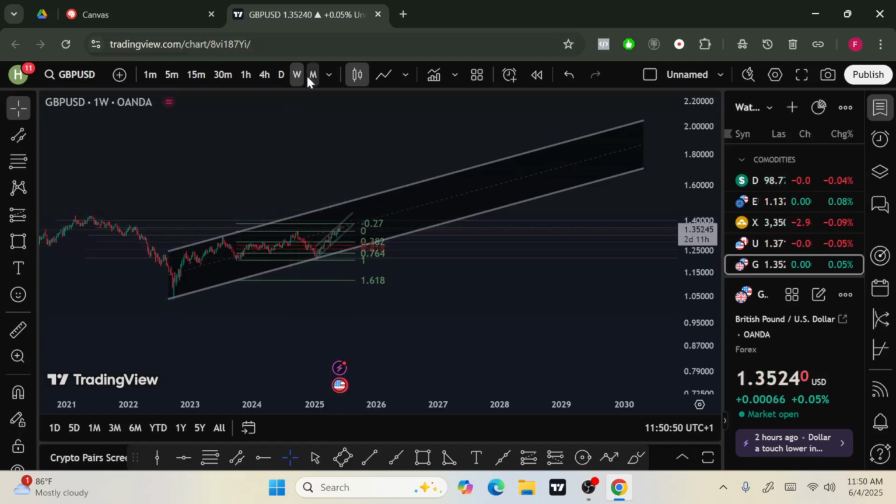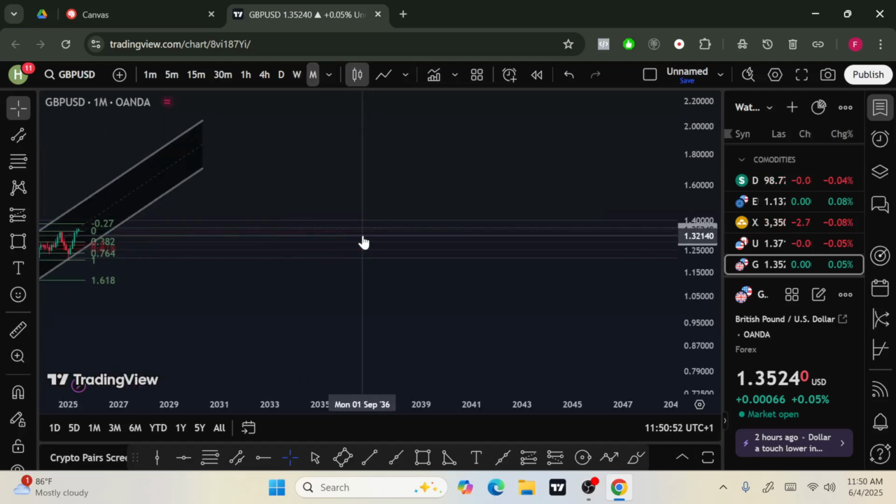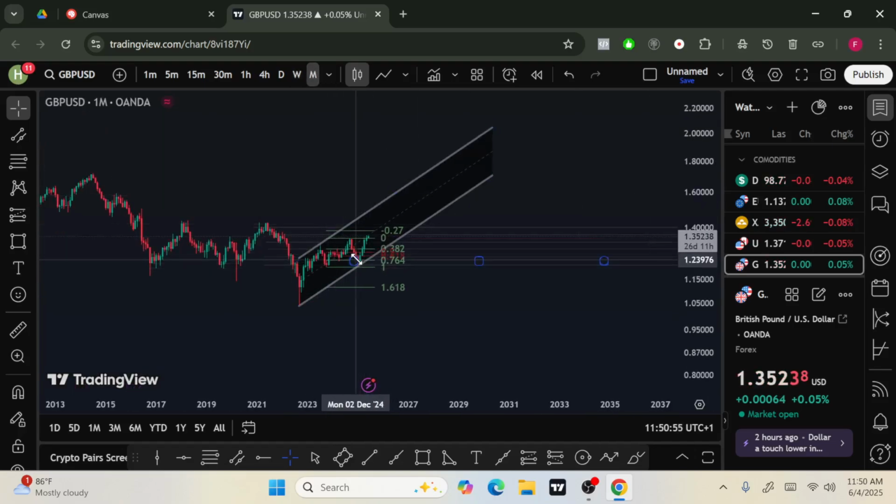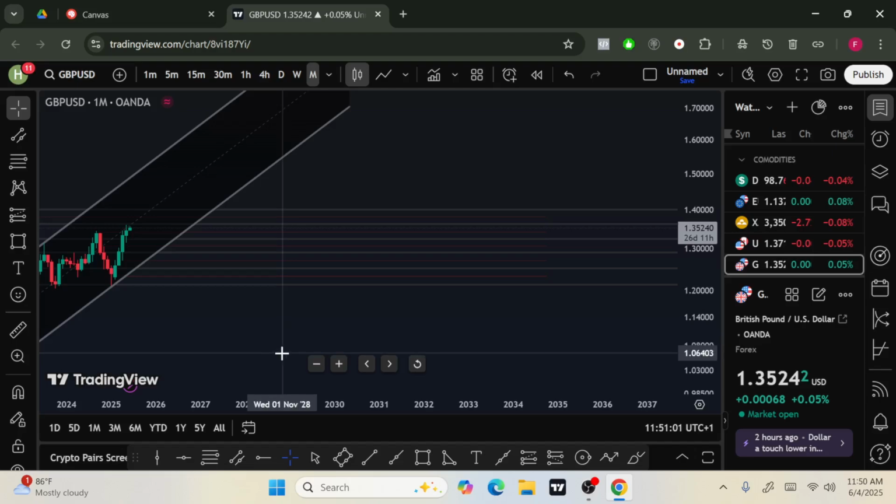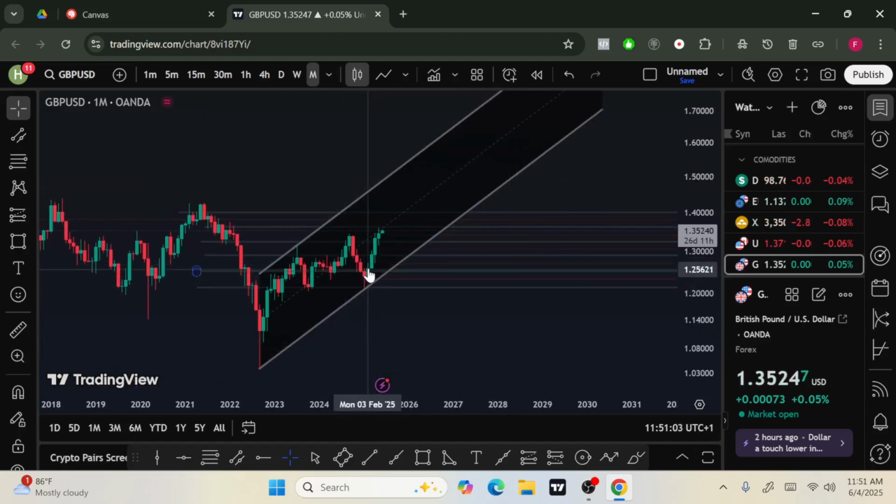That buy candle that you see here, from this point, let me take off this Fibonacci. This buy candle that you see here, don't forget, is a market structure on a lower time frame. I told you that now.